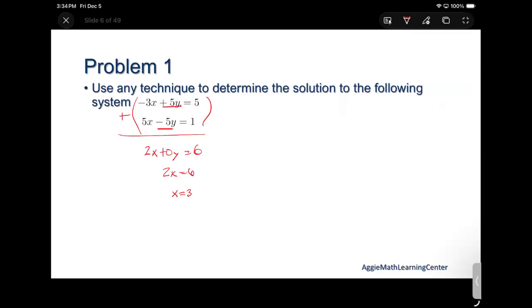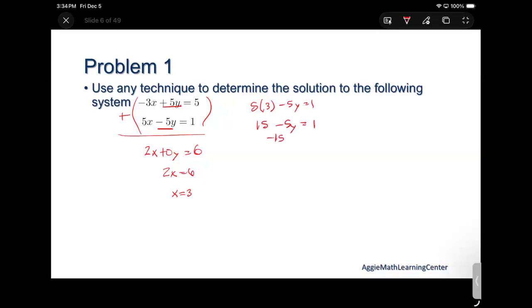Then we can plug x equals 3 into either of these equations. I'll do the bottom one. So we have 5 times 3, which is our x, minus 5y equals 1. So 15 minus 5y equals 1.